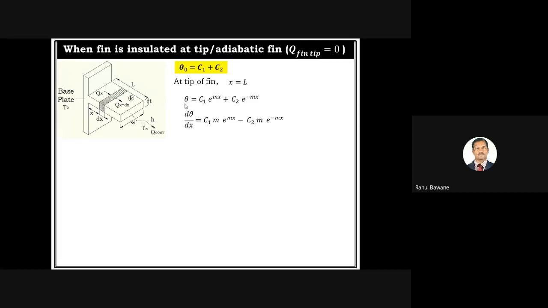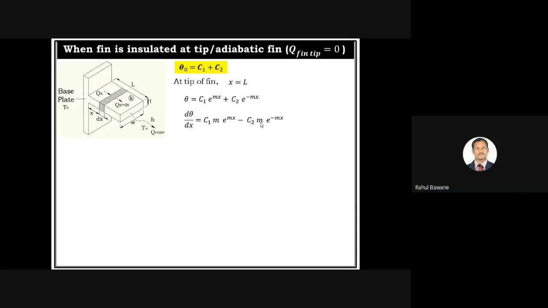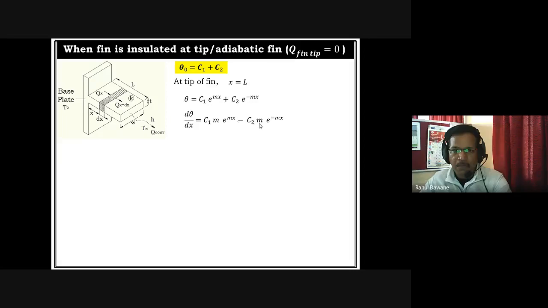Now differentiate this with respect to x, since excess temperature changes according to x. So d theta by dx equals C1 times m e raised to the power mx, after differentiation of e raised to the power mx, the power m comes in multiplication. Then minus m in multiplication with C2, so it becomes minus C2 m e raised to the power minus mx.